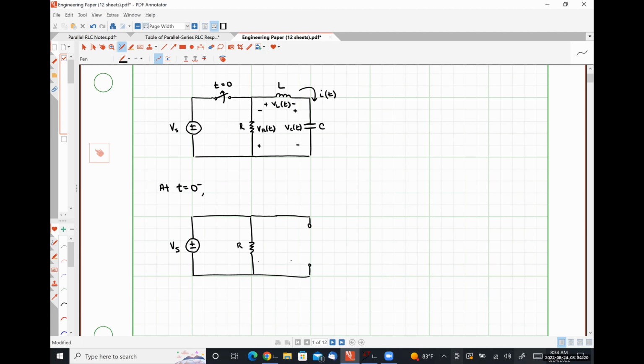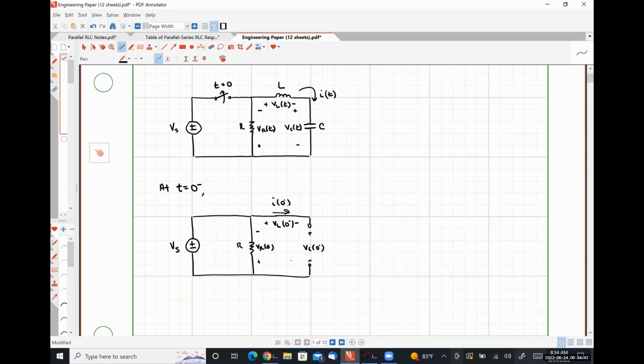And here is VR of 0 minus. Here's VC of 0 minus. Here's VL of 0 minus. And here is I of 0 minus. Okay.